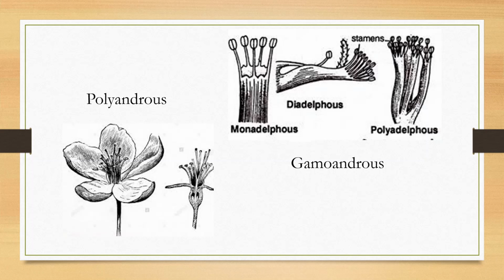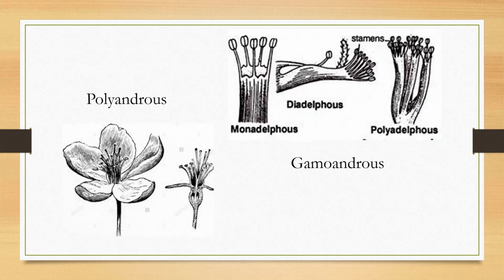And this grouping is different. When all the stamens are united in one group, that is called monadelphous. In hibiscus or China rose flower, there is a staminal tube formed at the center where all the stamens are grouped in one bundle, that is called monadelphous.